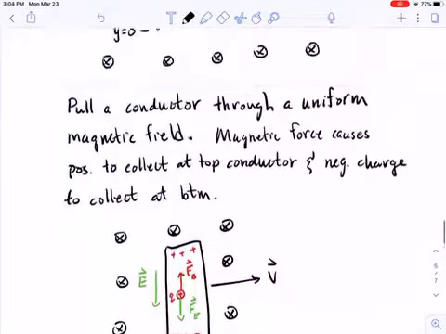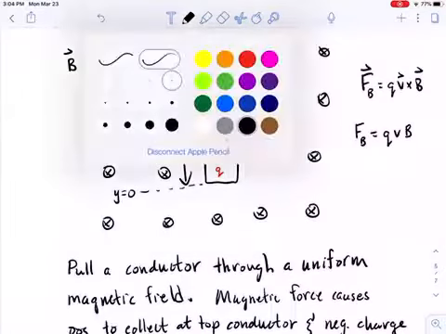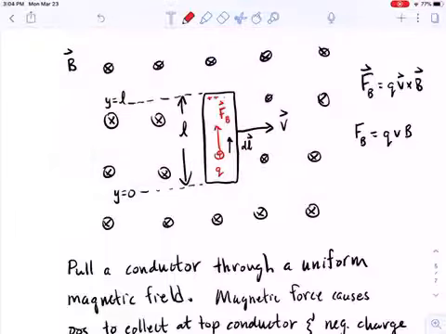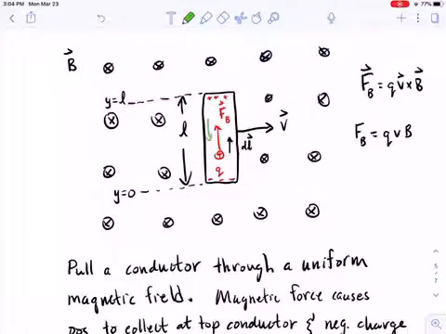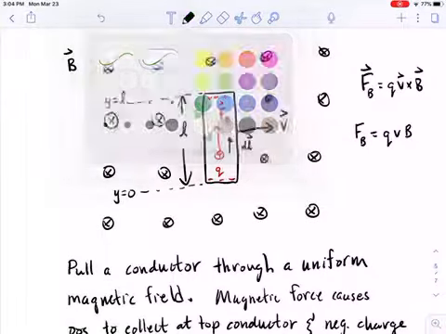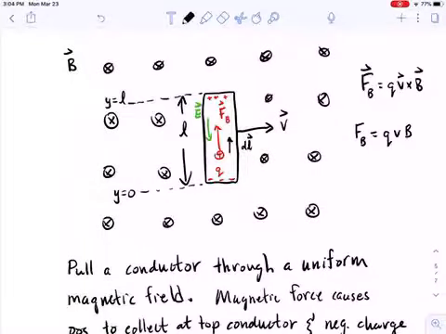But we saw that what's going to happen here is we're going to get positive charge at the top and negative charge at the bottom, and an electric field that points from top to bottom. And so the essential point here is that the electric field E and the dl vector are antiparallel.